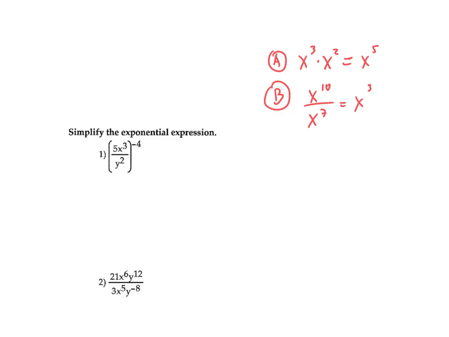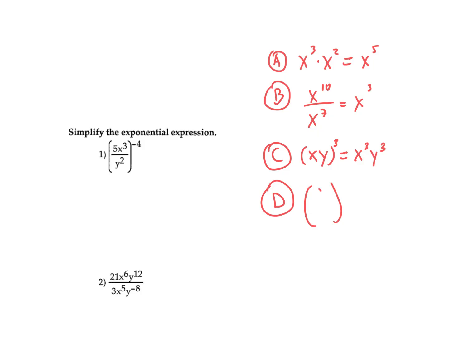So this would be rule letter B. For this scenario where you have a product raised to a power, you could, in a sense, distribute the exponent to both of them.